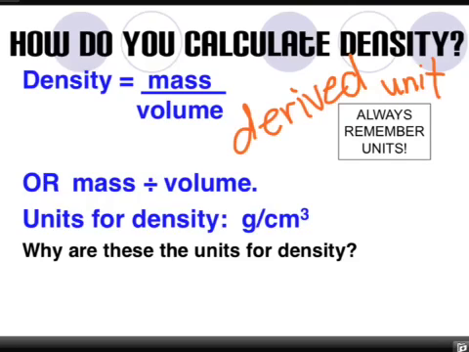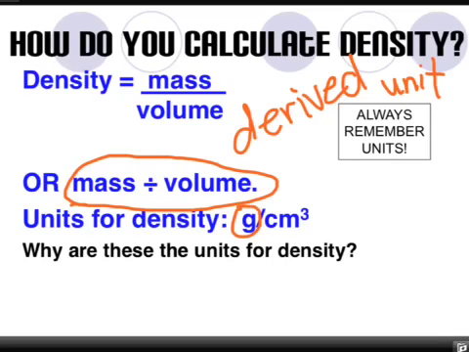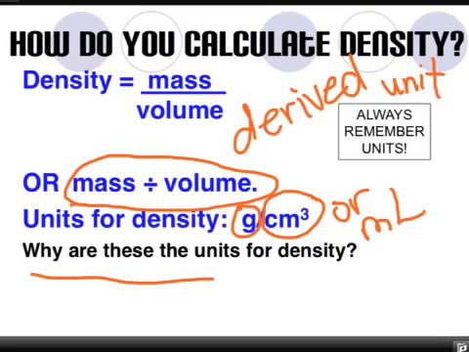Specifically, density is mass divided by volume. Because of that, the units for density are grams, which go with mass, and cubic centimeters or milliliters, which go with volume. And that's why these are the units for density. But remember, you have to calculate it. It's a derived unit, not a directly measured unit.